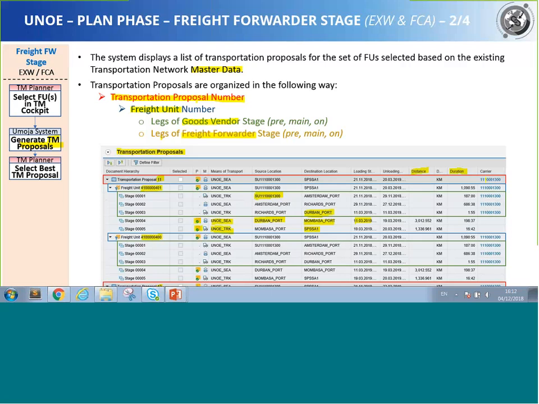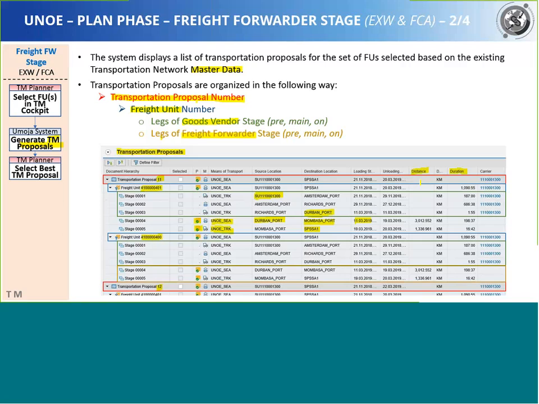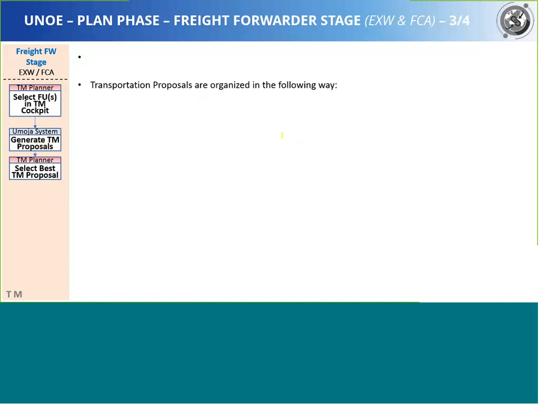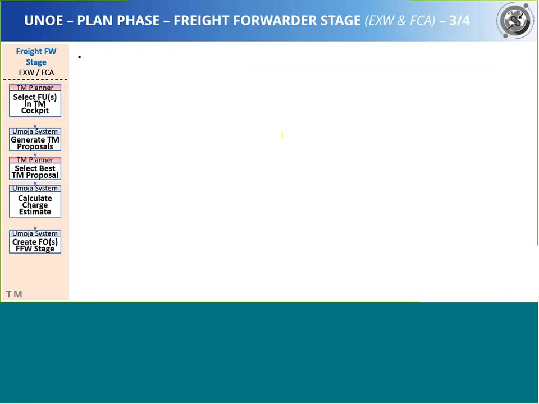It's not displayed in this screenshot, but you will also be able to see the estimated cost for each particular leg. So based on that, the planner can select the best proposal based on the route, distance, duration, and estimated cost. All right, so let's continue.